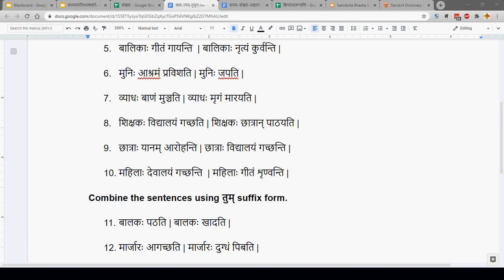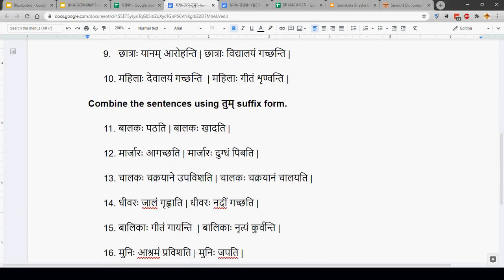Then the next one is balakah pathati, balakah khadati. So here combine the sentences in tum form. We are implying here that the action of patati is happening first, khadati is happening later. So to do the action which is coming later, he is doing this first action, reading.